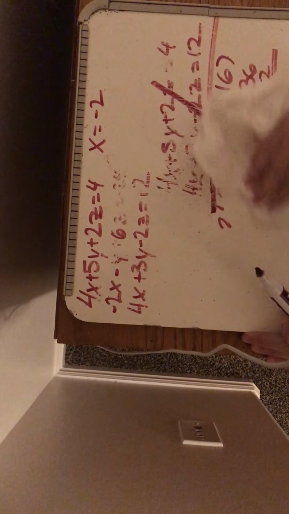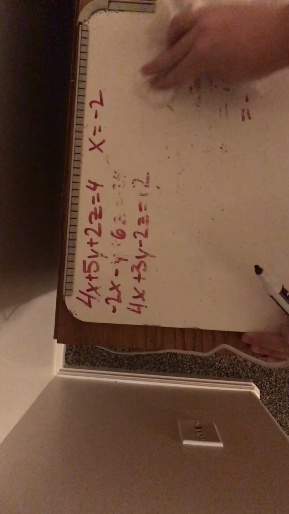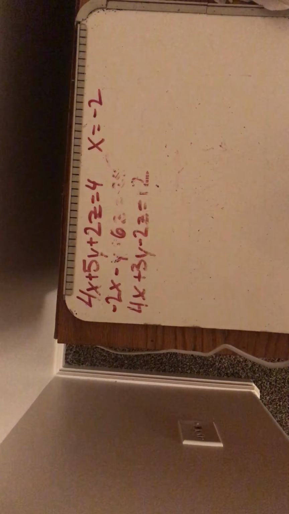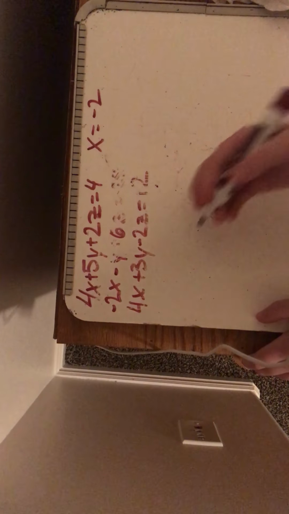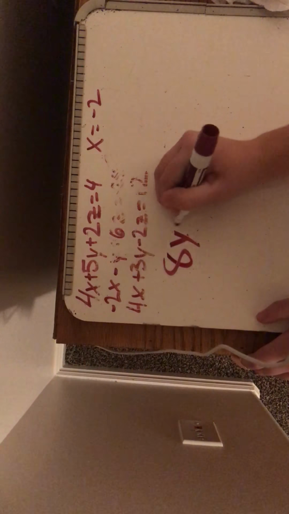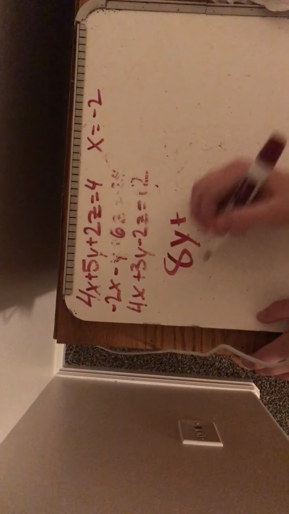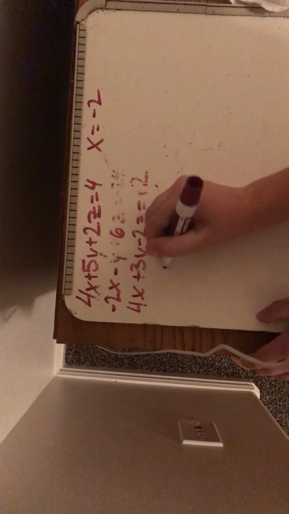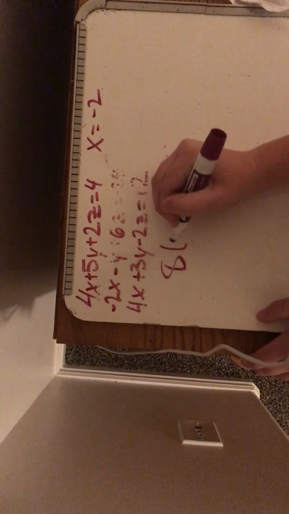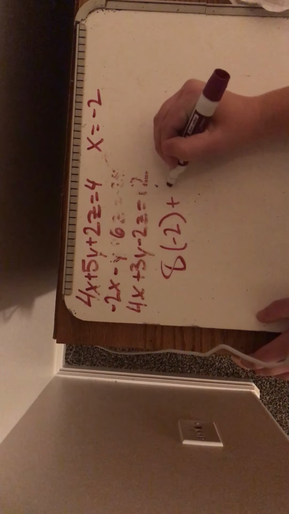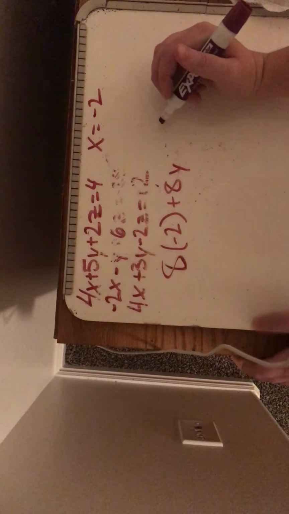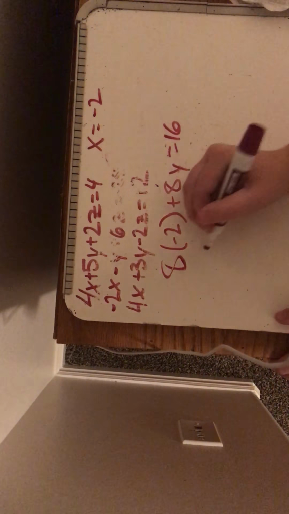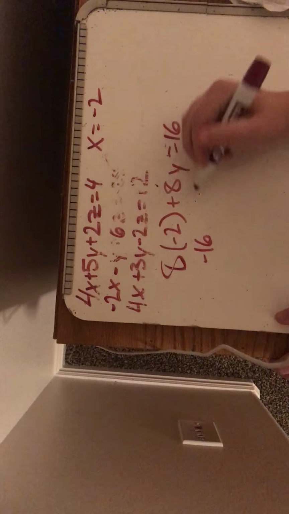I've got my extra work here. Now I know that I did have my 8y. Sorry. Whew. These are super long. You lose your brain after a while. 8, and I have a negative 2, using a previous equation that I had, an 8y, which still equaled that 16. I can solve that, so I know that's now a negative 16.